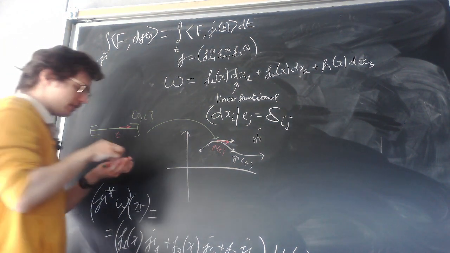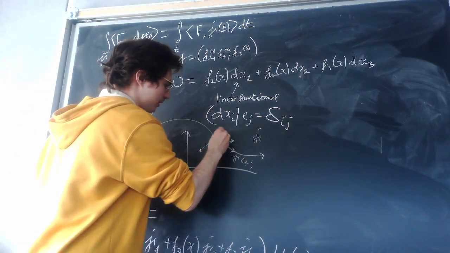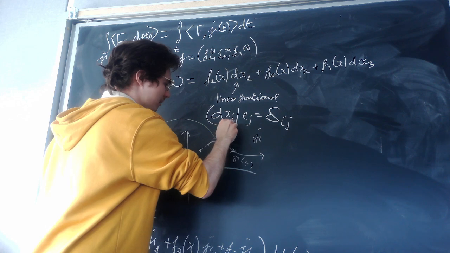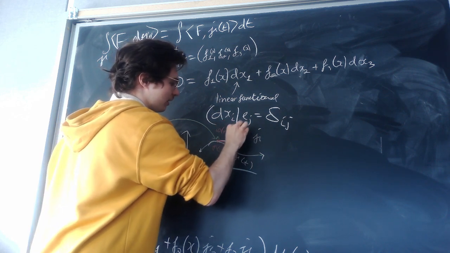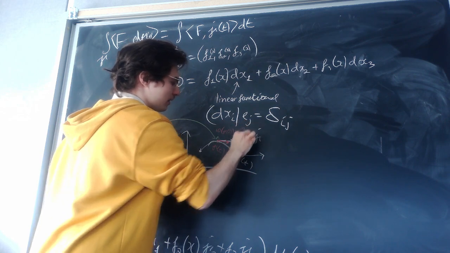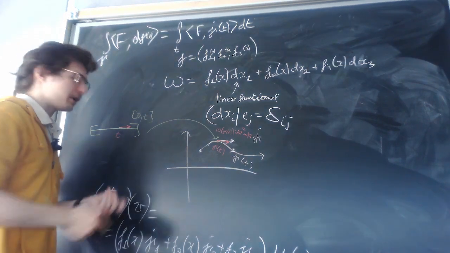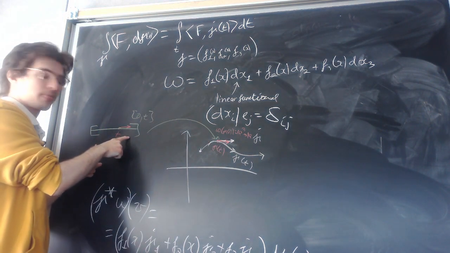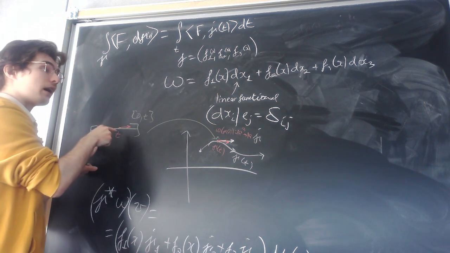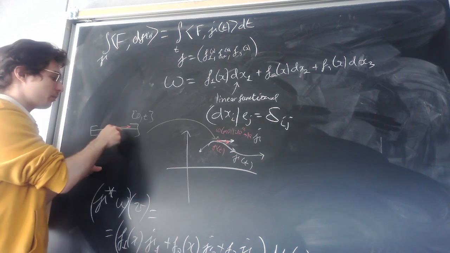So at this point, I have a linear functional defined, omega at gamma of t. This is a function that takes in a vector in R3 and sends it to R. But I want to define a differential form on this interval, so I want to define a linear functional at every point on this interval.